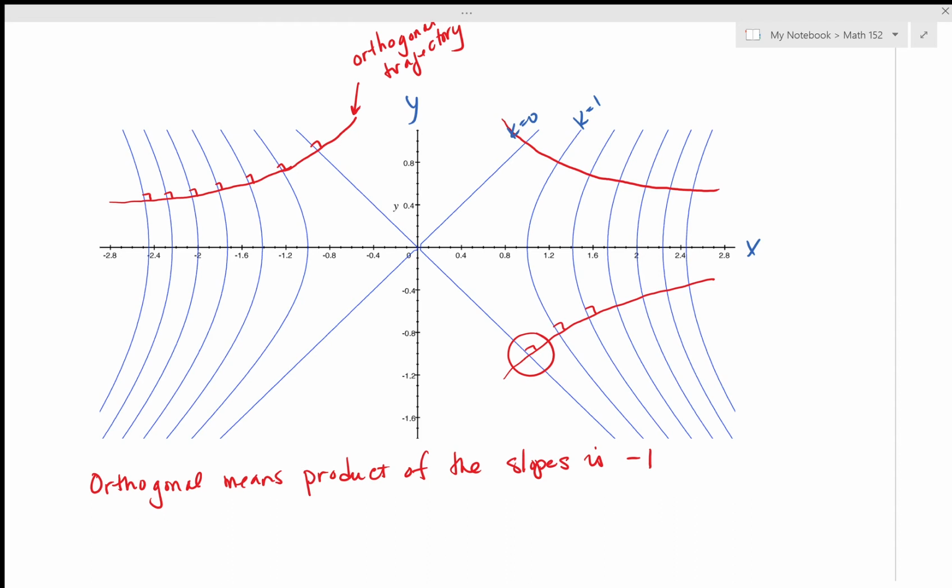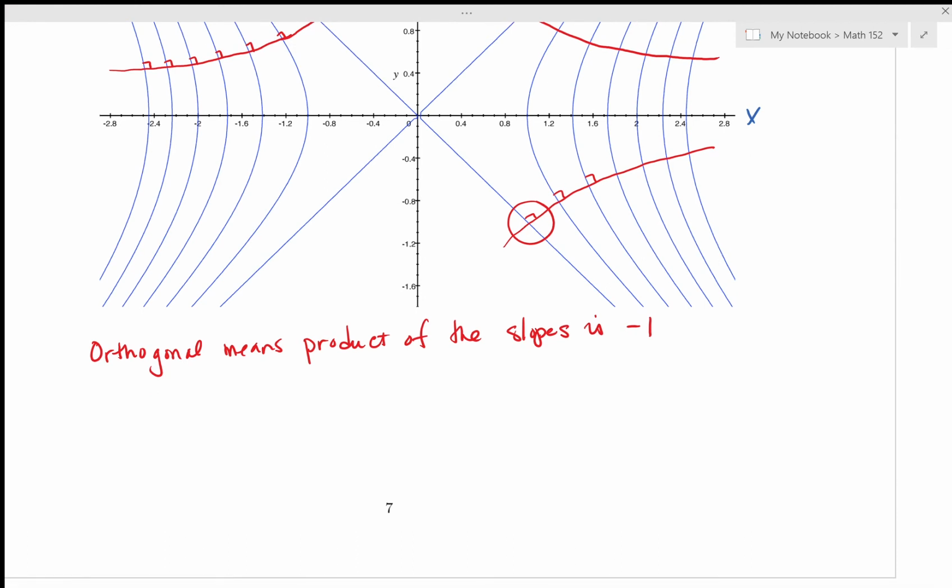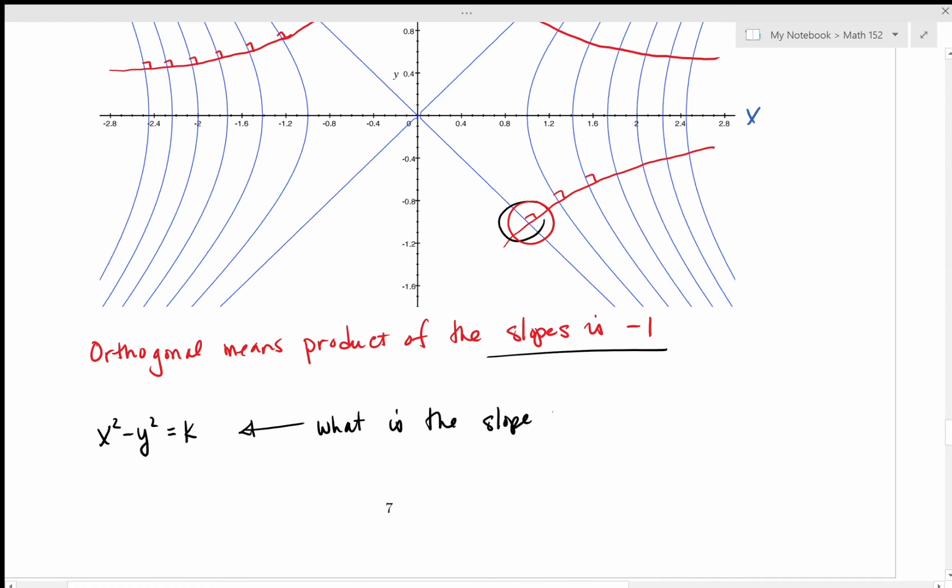So the next thing we're going to do to solve this problem is take a look. We start here with x squared minus y squared equal to k. I'm going for the product of the slopes being -1. So I'm asking, what is the slope at x, y for this equation?